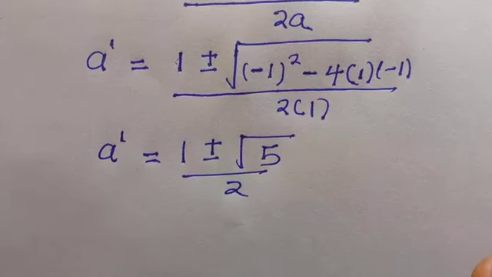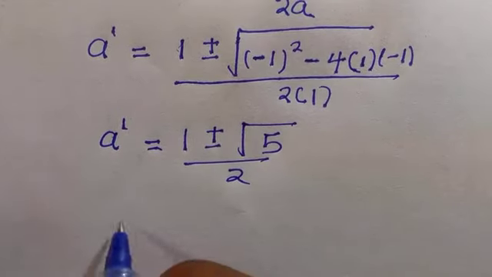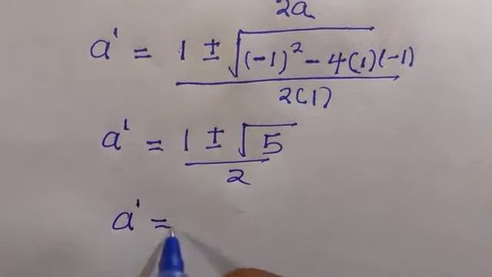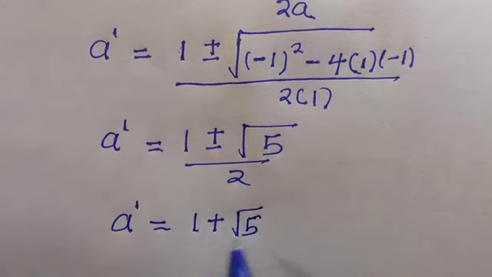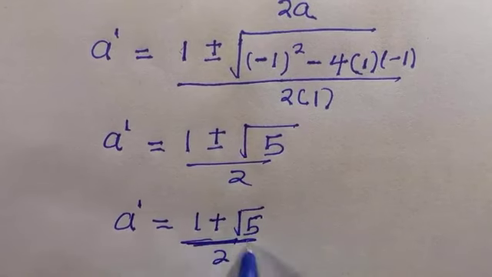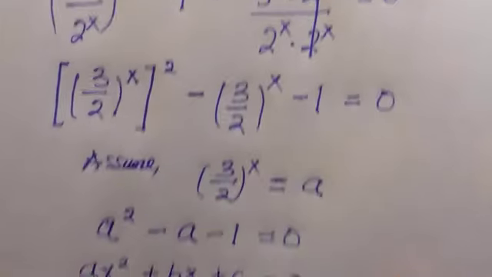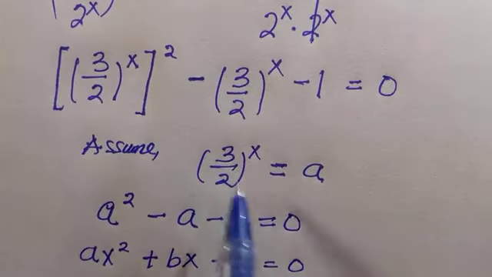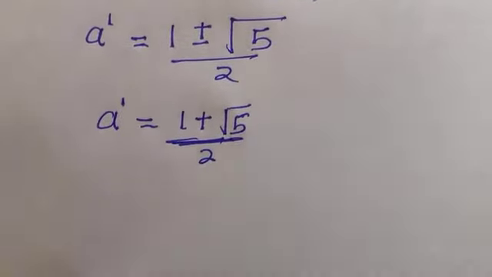As we have from the given rules that x is a member of the positive real numbers greater than 0, we conclude the value of a to only be 1 plus root 5 divided by 2. So if this is the value of a prime, and what we want to get is the value of x, we have already made an assumption that 3 over 2 all raised to power x equals a.